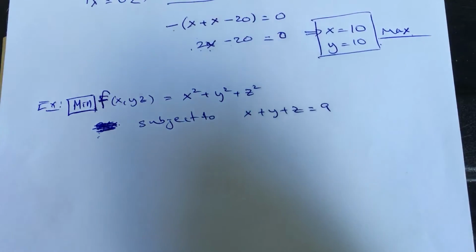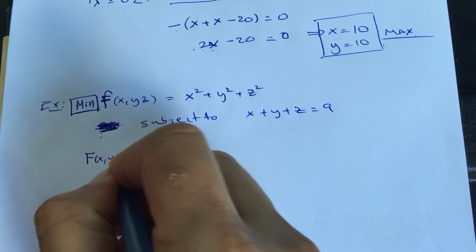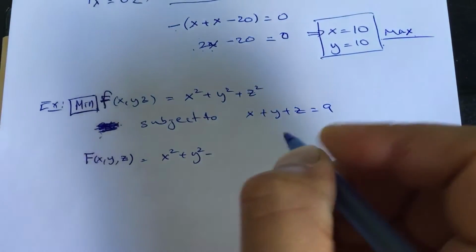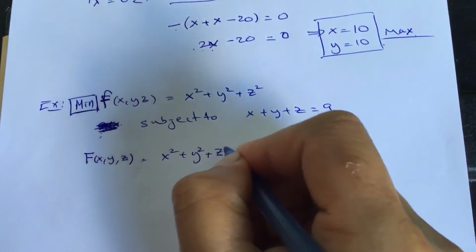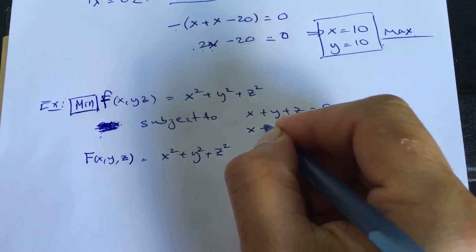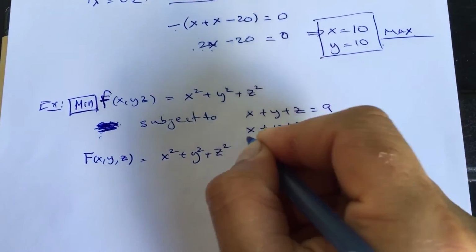Okay. Now, again, you have a capital F of x, y, and z. This is x squared plus y squared plus z squared. But in order to call it g of x, this has to be x plus y plus z minus 9 equal to 0.